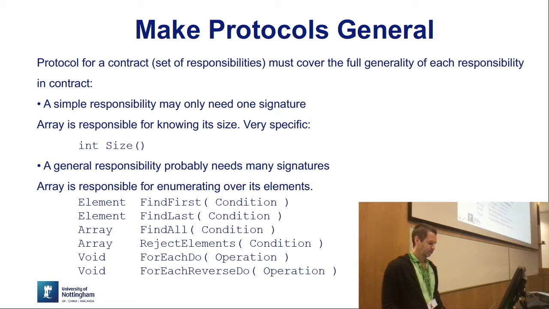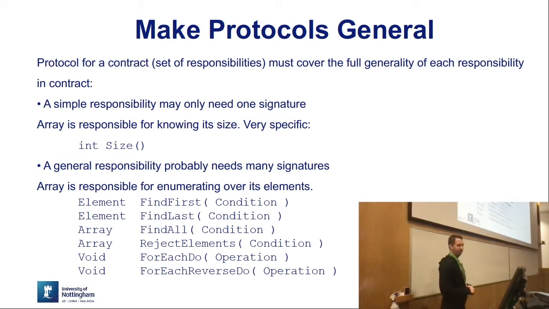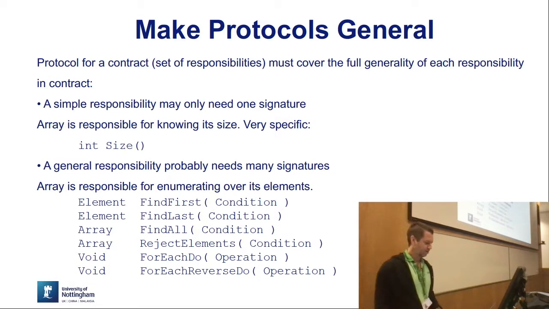A simple responsibility may only need one signature, right? An array is responsible for knowing its size, very specific, so there's only one protocol there. It could be called get size, or get length or something like that. But a more general responsibility may require several signatures. So an array is responsible for enumerating over its elements.